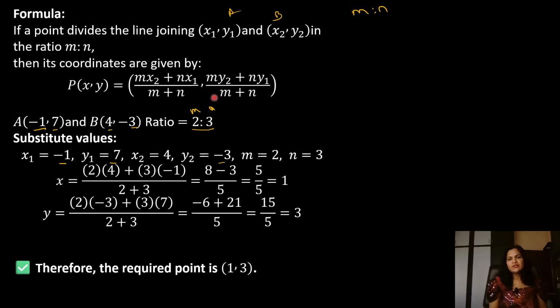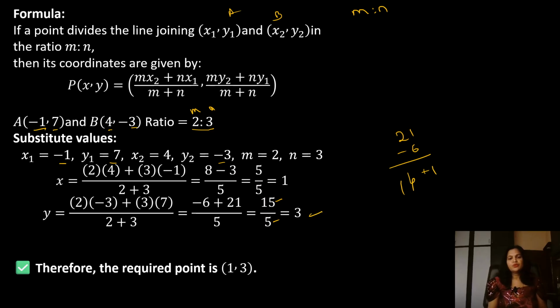Now we have to find out the y coordinate value, m y2 plus n y1 divided by m plus n. y equal to, m is 2 and y2 is -3, substitute that value, plus n is 3, then y1 is 7, substitute the value, divided by 2 plus 3. 2 threes are 6, that is -6. 7 threes are 21, divided by 5. 21 minus 6 is 15, 15 by 5. 5 threes are 15, that's why answer is 3.